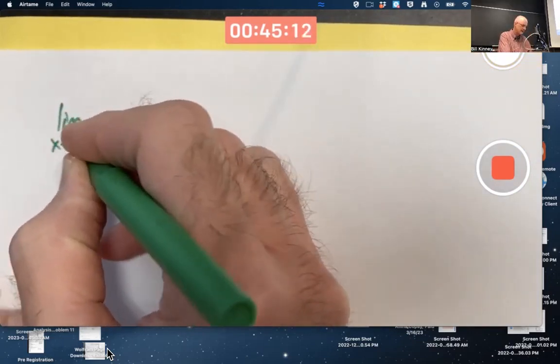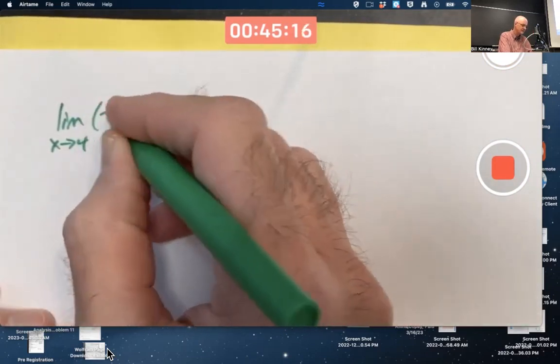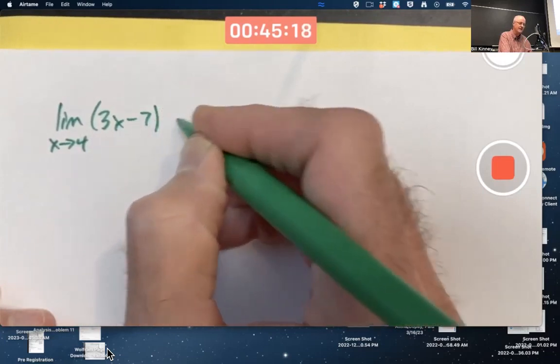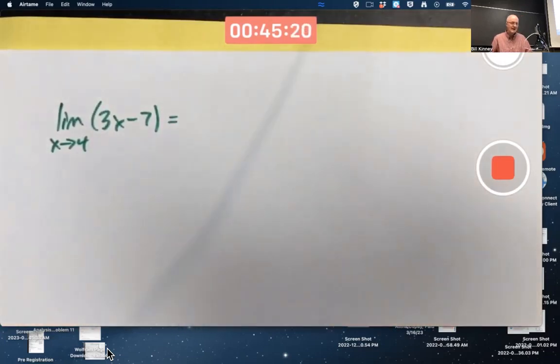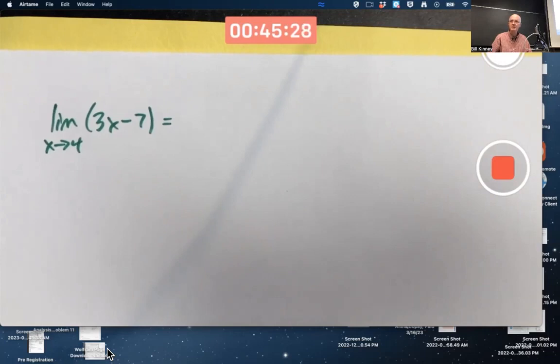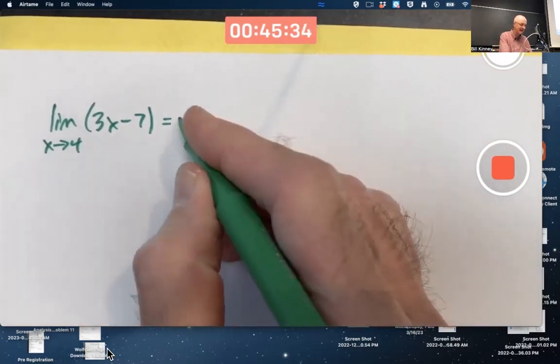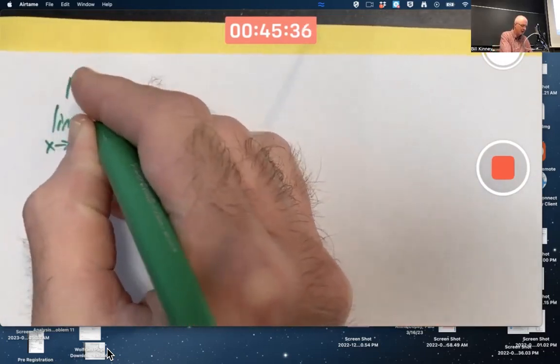Limit as x goes to 4 of 3x minus 7. That's a nice linear function. It's continuous everywhere. We can evaluate this limit just by plugging in x equals 4. The answer should be 3 times 4, 12 minus 7 is 5. But let's really prove it.